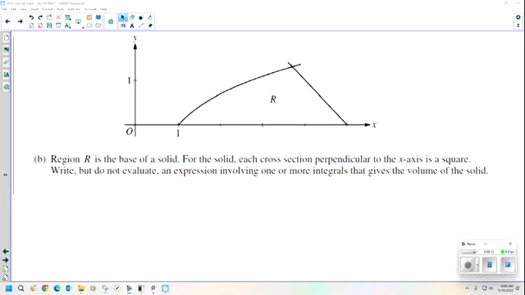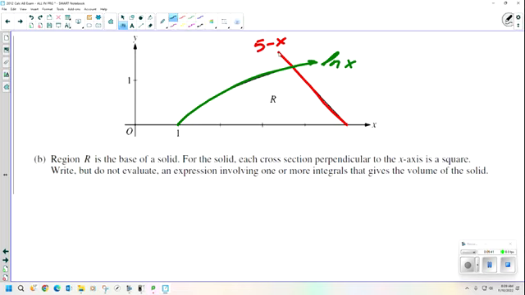2b. Region R is the base of a solid. Ooh. For the solid, each cross-section perpendicular to the x-axis is a square. All right. So, again, we have our 5 minus x. We have our ln of x.